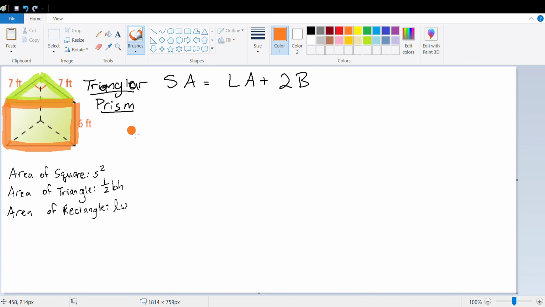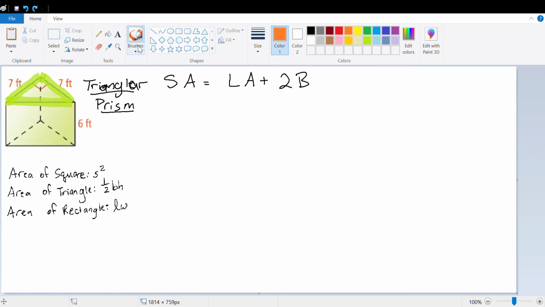It is very hard for us to find a missing side of a rectangle. So the reason why we're using that triangle is because we've learned how to find the missing side of a right triangle like this. So even though we love working with rectangles, it's an easier formula to work with. Unfortunately, we've got to work with that triangle. Okay, so let me just get rid of that.